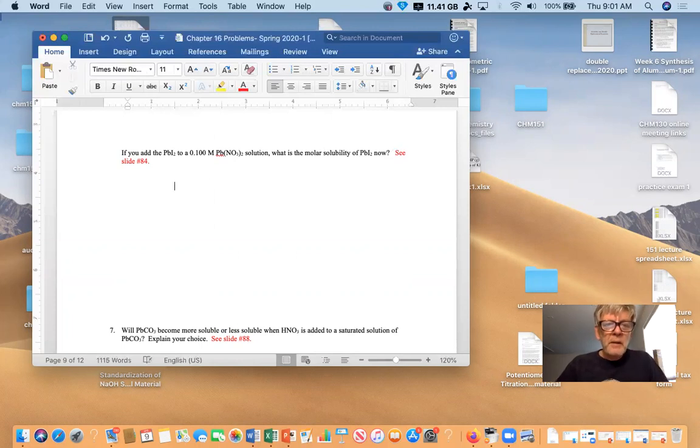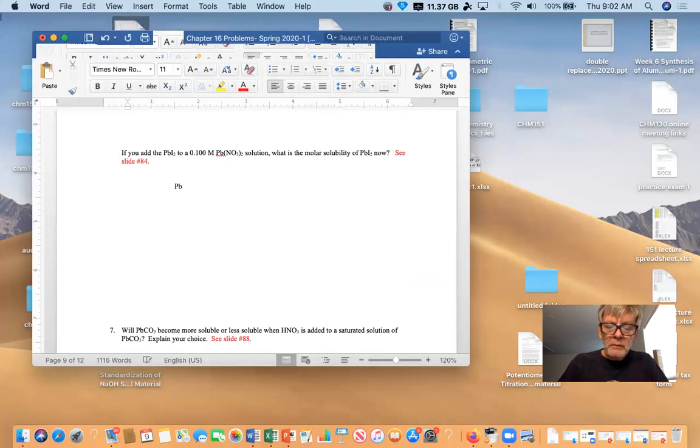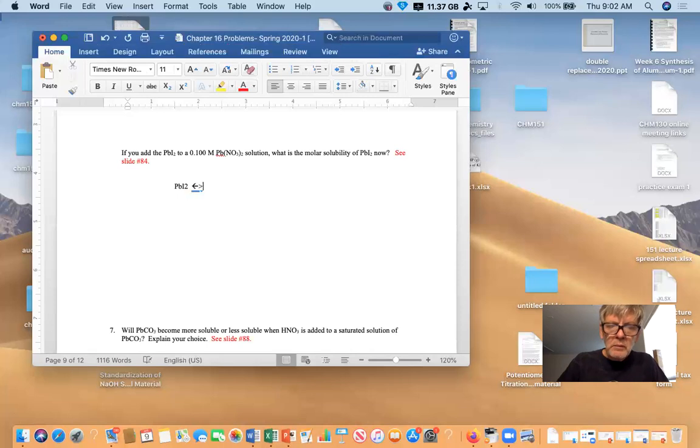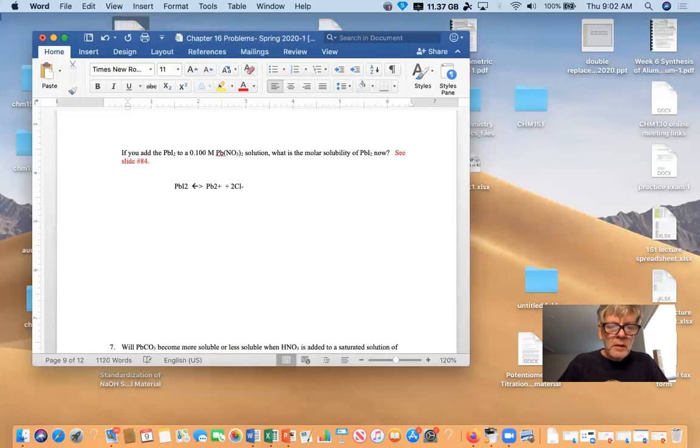So we're going to have our lead iodide in equilibrium with lead 2 plus and 2 chlorides. And again, because this is an equilibrium, this is going to go back to molarity.